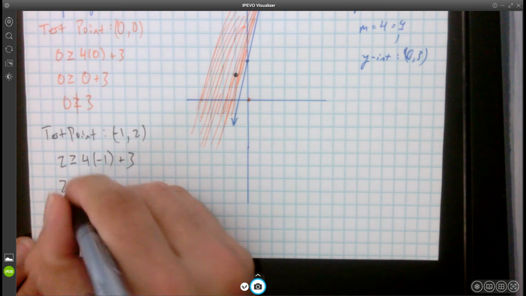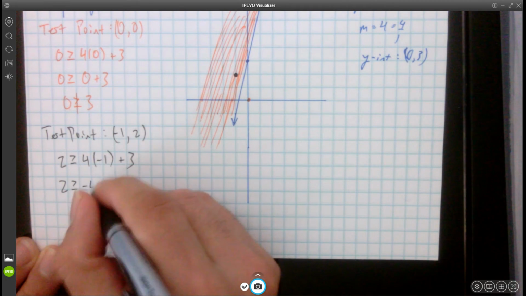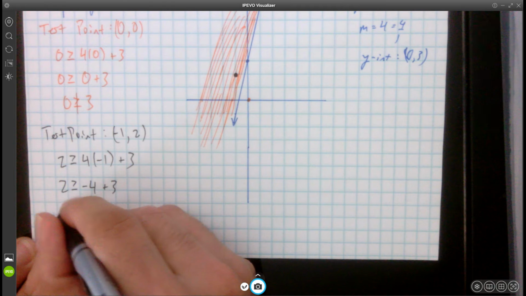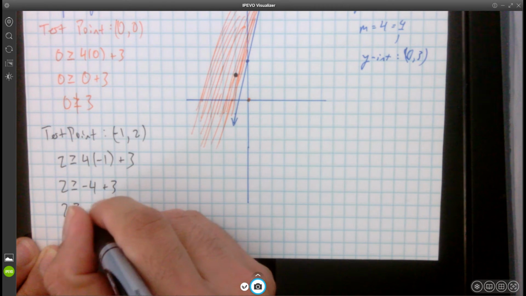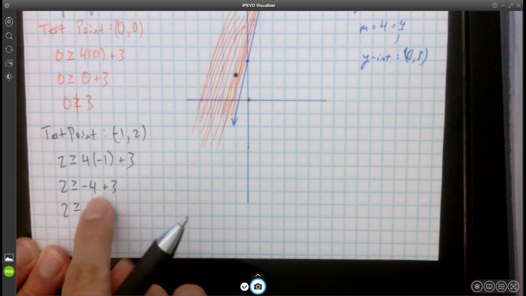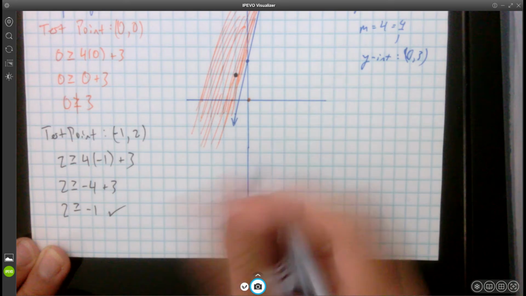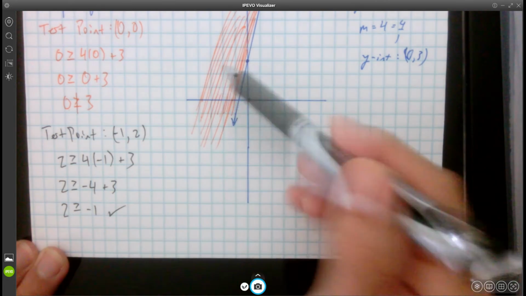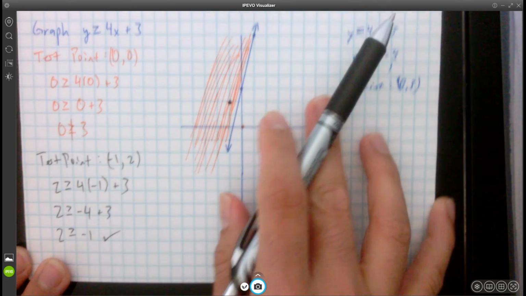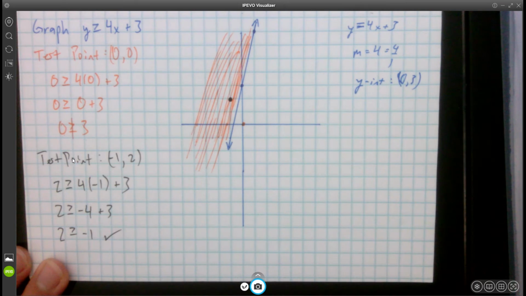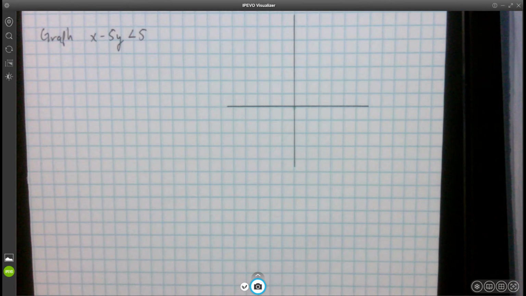Simplifying, 2 is greater than or equal to negative 4 plus 3. 2 is in fact greater than or equal to negative 1. This is a true statement, so we would shade in everything on the top side of the graph of my inequality.